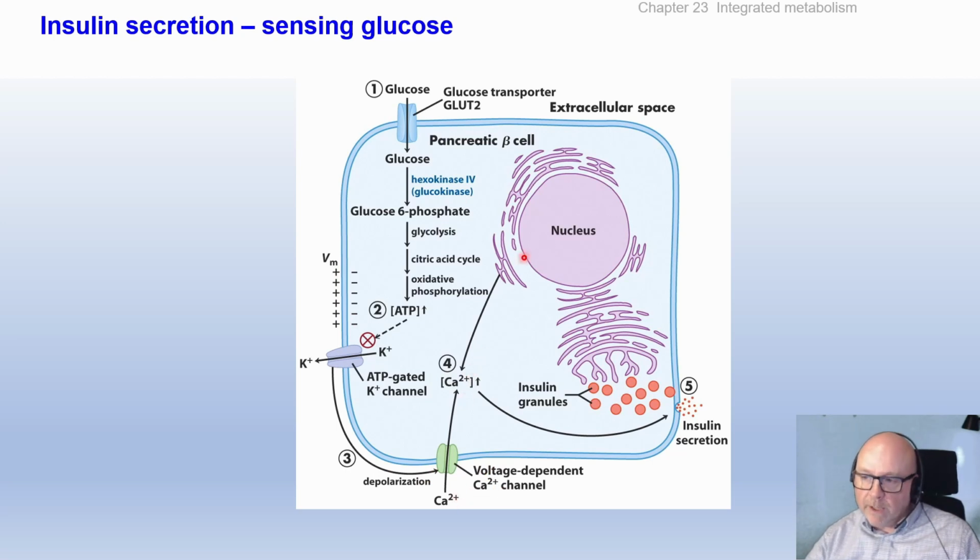The increase in calcium intracellularly is thought to be boosted by release of calcium from the ER. We get an increase of calcium overall, which triggers release of insulin granules from the cell into the bloodstream. Remember, the beta cells are surrounded by the bloodstream.